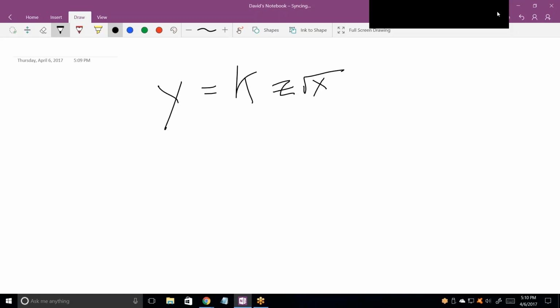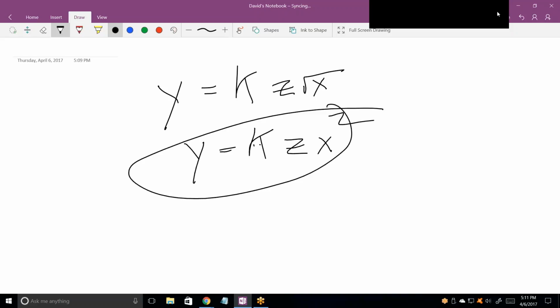So that's how you write that. In other words, if it doesn't say inverse, then you can't stick anything in the denominator. It's basically telling you that it varies jointly with z and x, but not just x, the square root of x. And that's fine. You can vary jointly with z and the square root of x. Or even, if I had another problem, y varies jointly with z and x squared. In other words, that's what I would say if I had that.